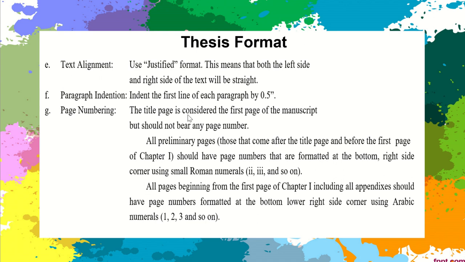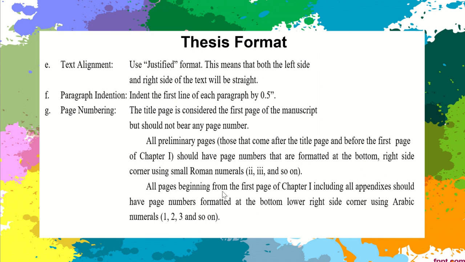Page numbering, the title page is considered the first page of the manuscript but should not bear any page number. So your cover page or the title page, we do not place a page number there. Then all the preliminary pages, which I will discuss later, should have page numbers formatted at the bottom right side corner using small Roman numerals, such as this one.